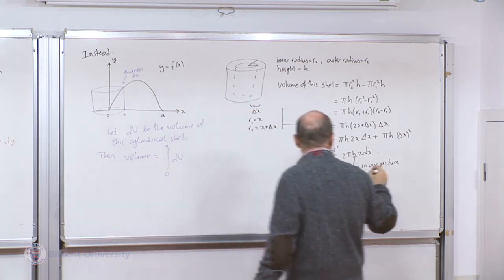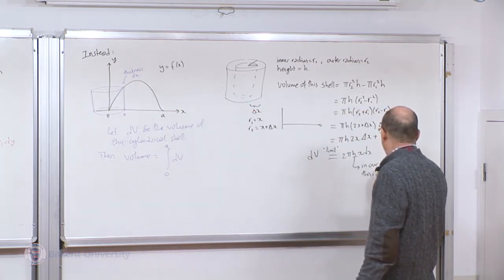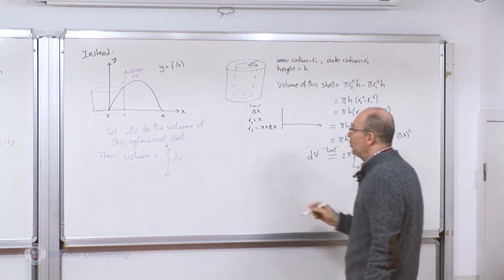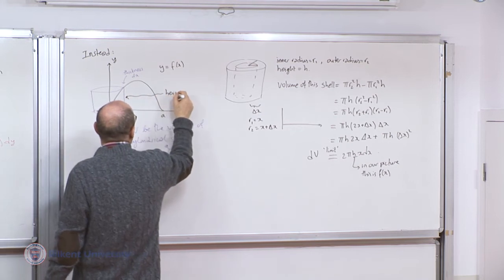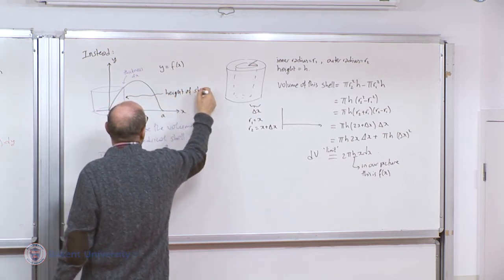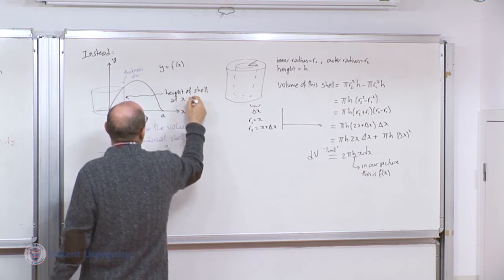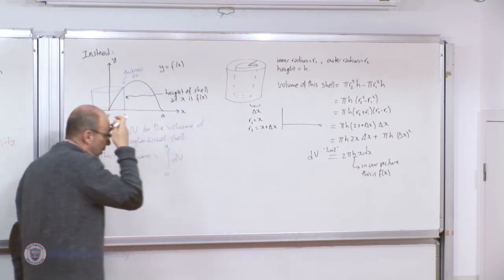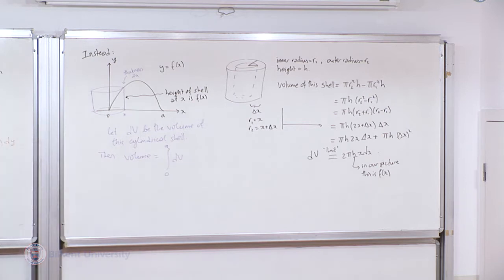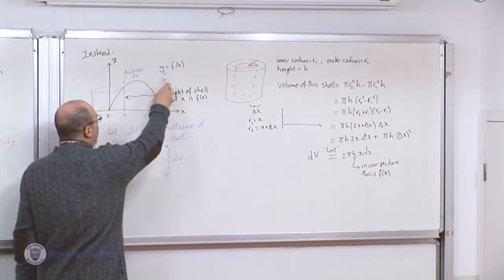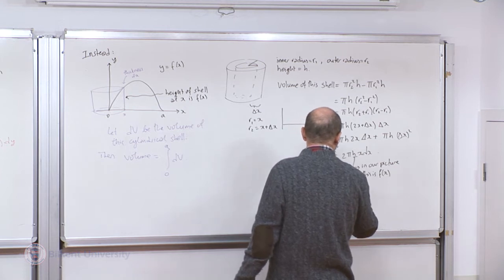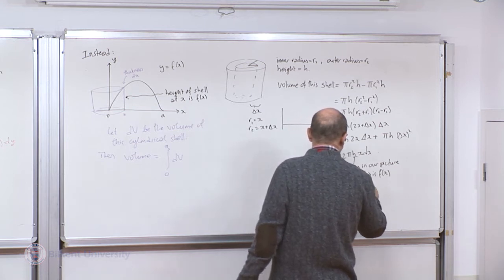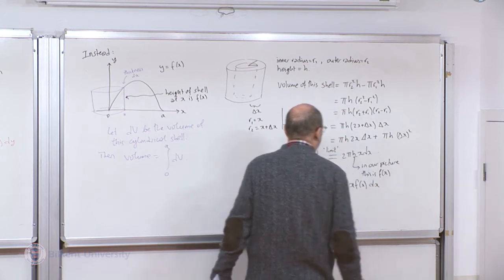So the height of the shell at x is f of x. So we found incremental volume without having to solve this equation for x. So here, finally, I have dv equals 2 pi x f of x dx.